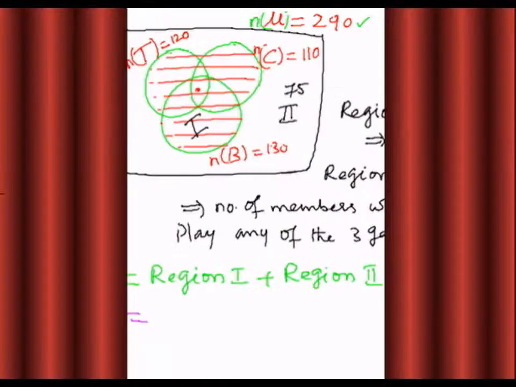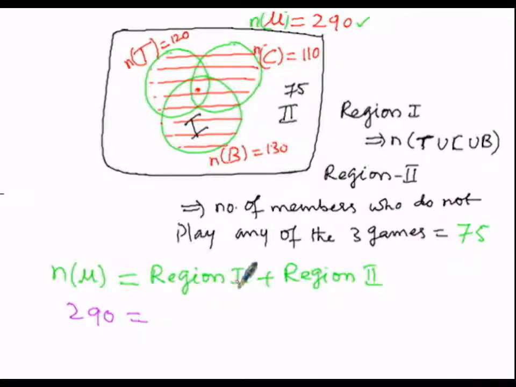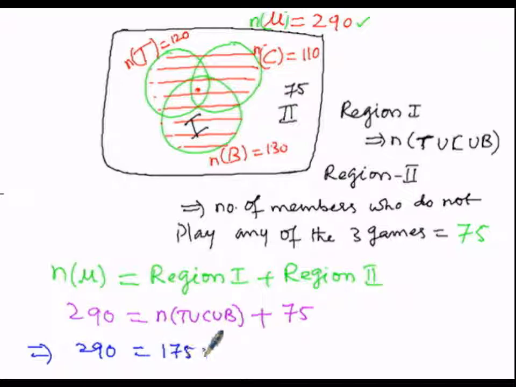Then now region number 1 is n of T union C union B plus region number 2. Region number 2 implies 75. The next logical step: that implies 290 is equal to n of T union C union B, which is 175 plus n of T intersection C intersection B, and then plus 75 must be copied.